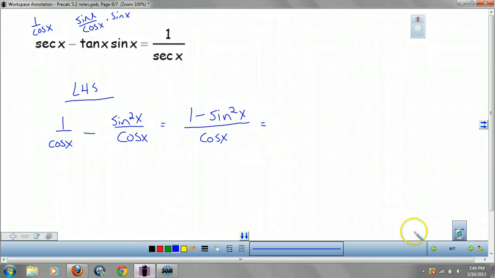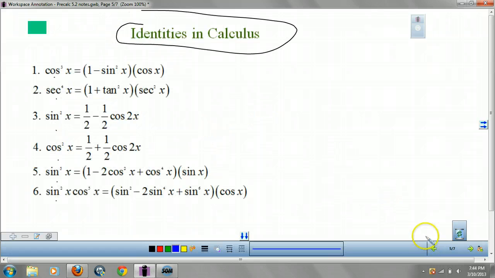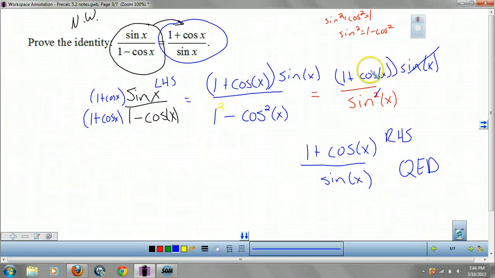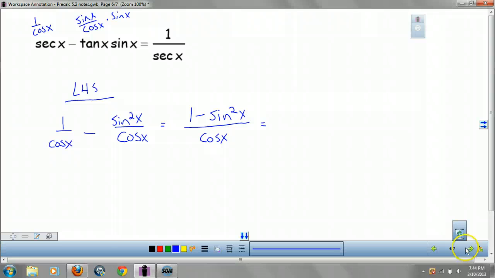Now remember before what we showed? 1 minus sine squared would be cosine squared. I get cosine squared of x over cosine of x.